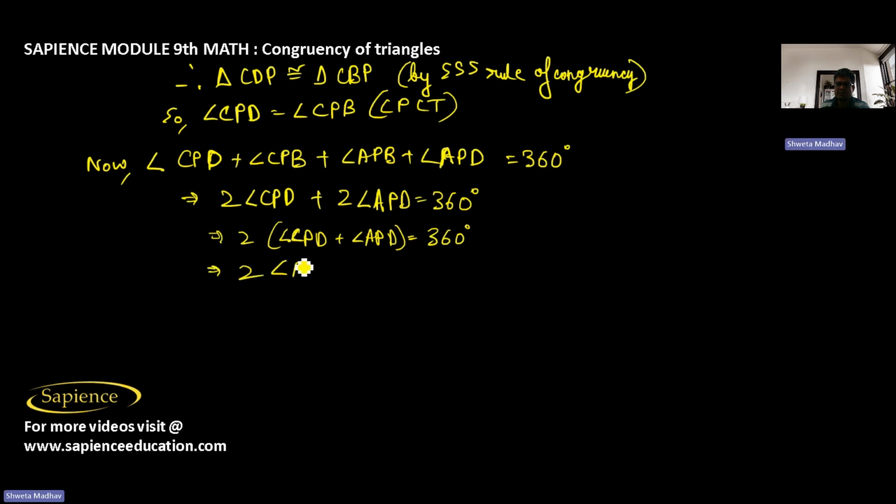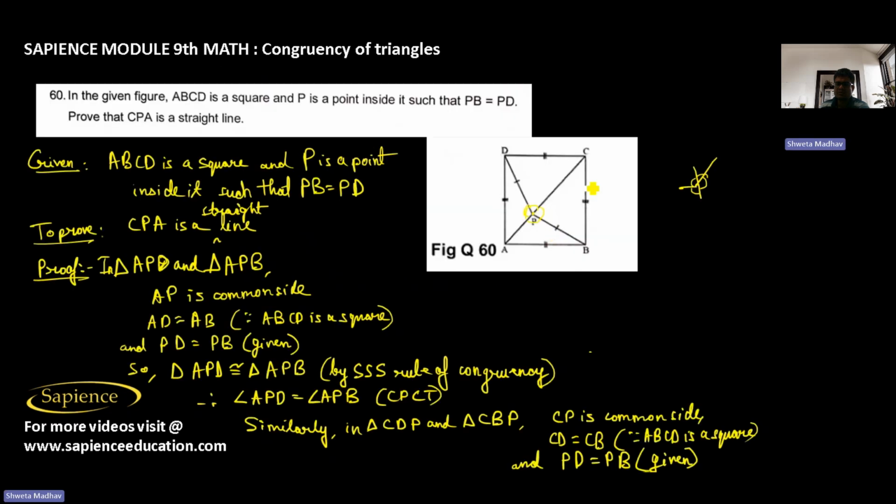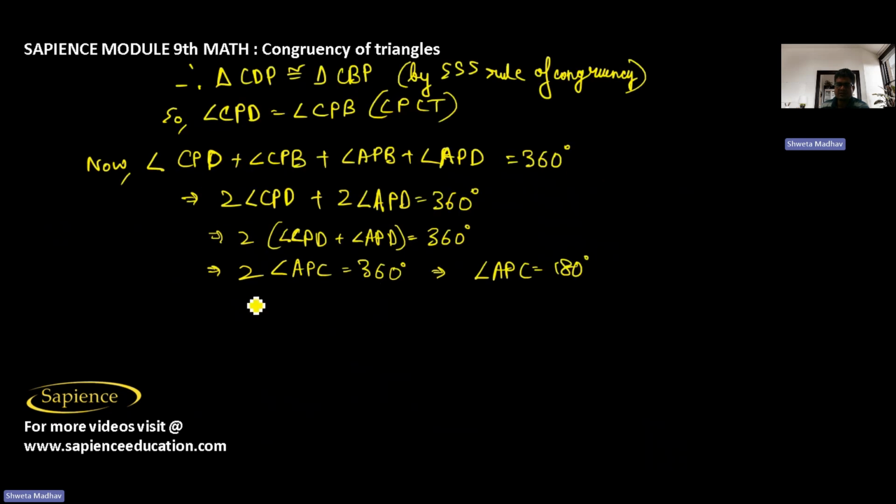Therefore, twice of angle APC is equal to 360 degrees. So angle APC is equal to 180 degrees, which means that CPA is a straight line. So hence CPA is a straight line. Hence proved.